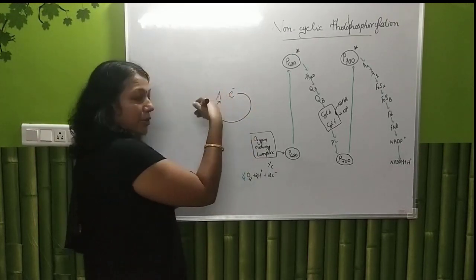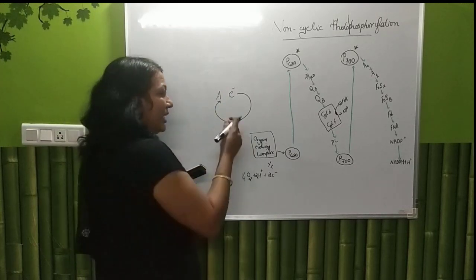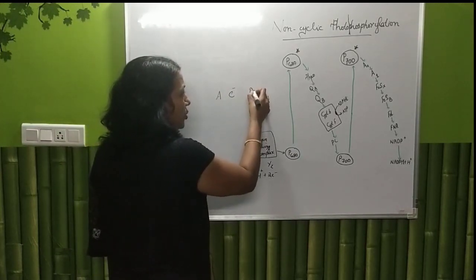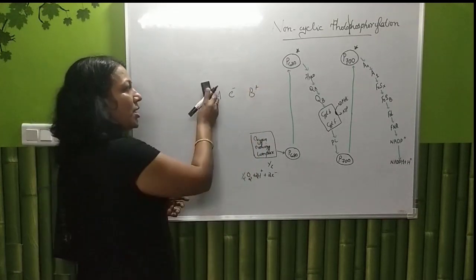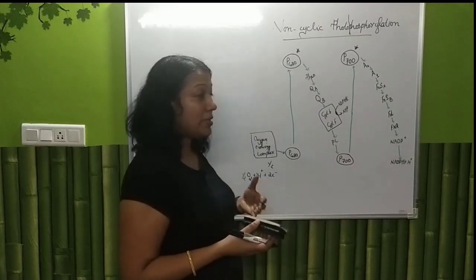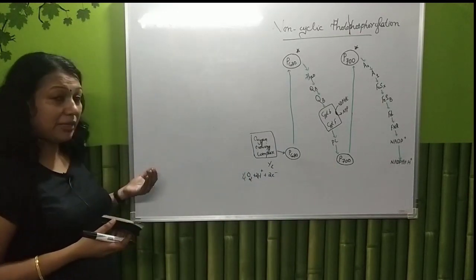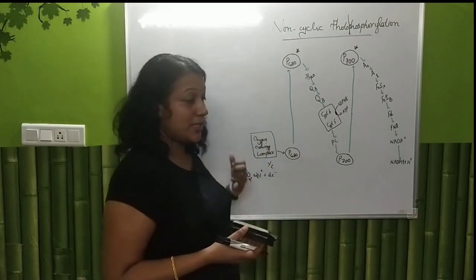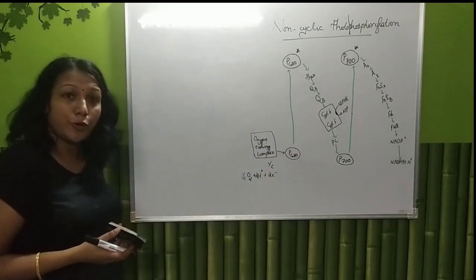If it comes back to the same source, we can call it cyclic. Here it is not coming back to the same source. Instead, it is going to another source. So non-cyclic photophosphorylation is a method where ATP molecules are produced, in which the electron emitted from the photosystem does not come back to the same photosystem.